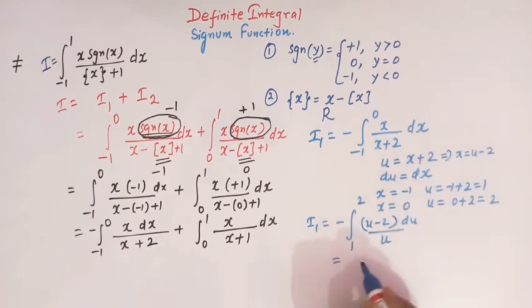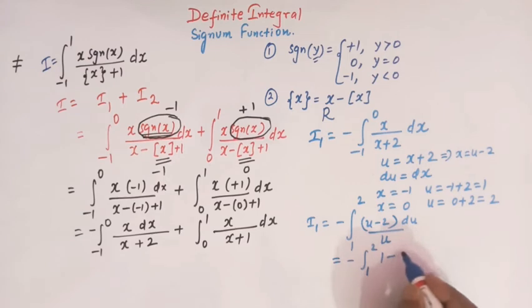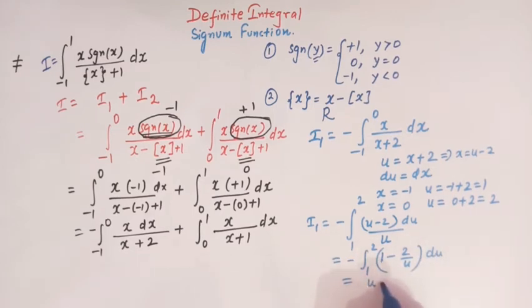So now we can rewrite this integral as 1 to 2, and we have 1 minus 2 over u. The integral of 1 du is simply u, and the integral of 1 over u is the log of u, and the limits are from 1 to 2, and here we have the negative sign.